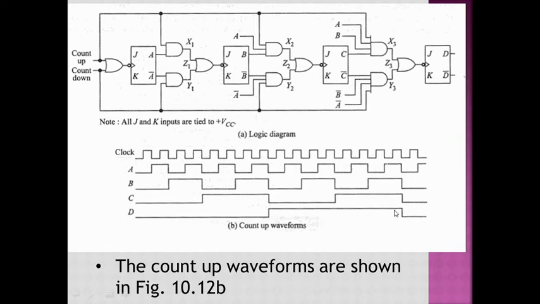And 15, 1, 1, 1, 1. And the next negative edge of the clock pulse 0, 0, 0, 0. That means it is going to be reset. So this way you can write down the truth table.